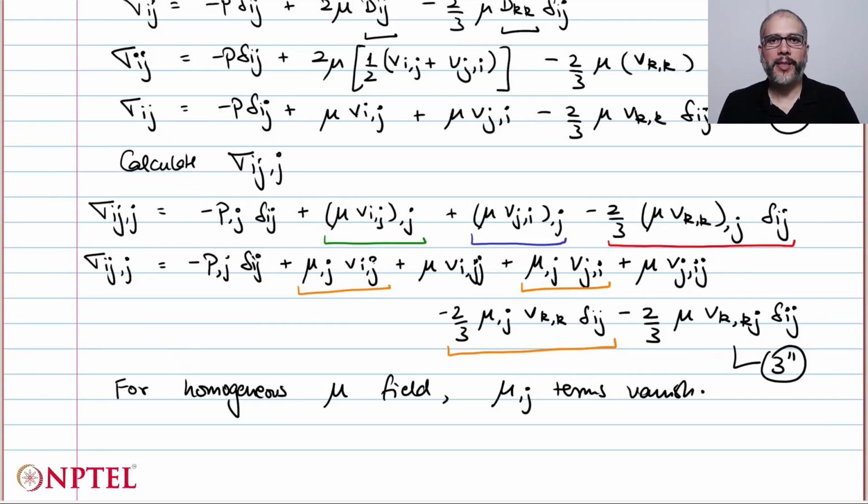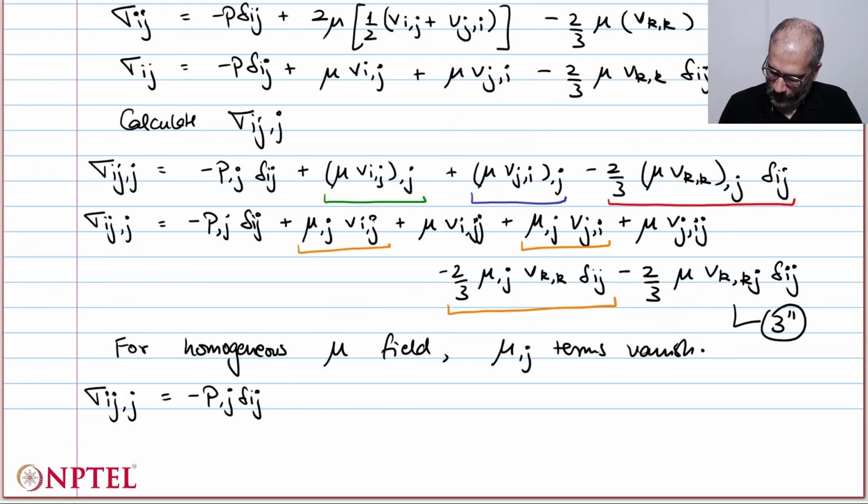But if you are dealing with a situation where mu actually is non-homogeneous, then you'll have to retain these terms. But since for most of the fluid situations we deal with, viscosity is indeed homogeneous, this is an assumption that is quite relevant. So with that, we'll be left with the terms that have a viscosity mu and not its gradient.